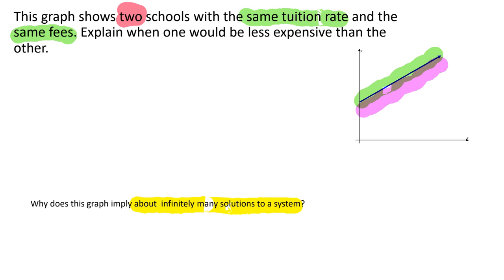What does the graph imply about infinite or many solutions to the system? This graph has two equations sitting atop of each other because the slopes are the same and the y-intercepts are the same.